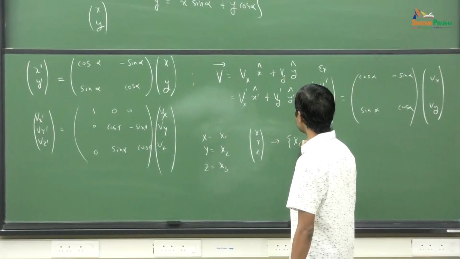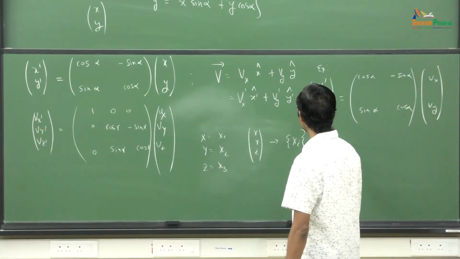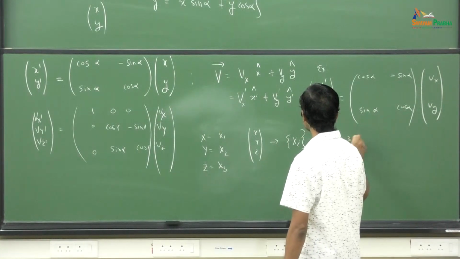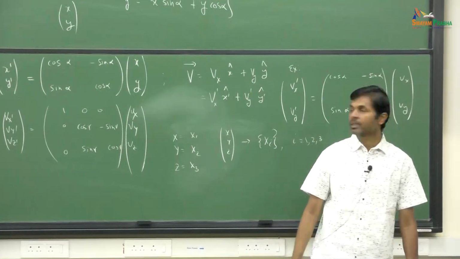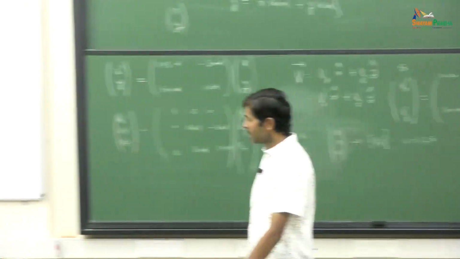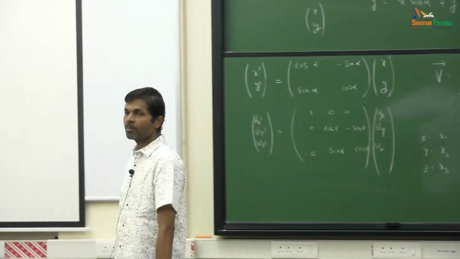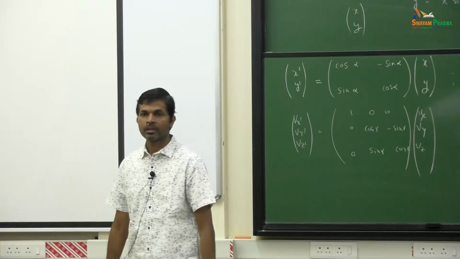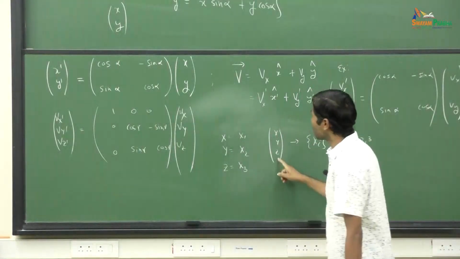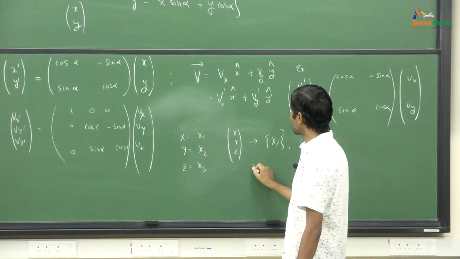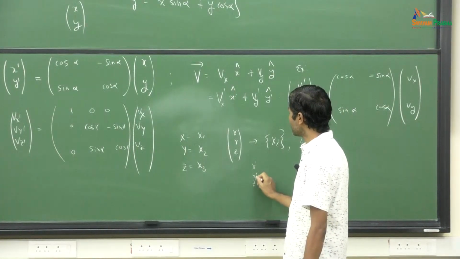I will say xi, where i runs from 1 to 3. Then in 3 dimensions, I am just making some arbitrary rotation. So x, y, z will go to x prime, y prime, z prime.